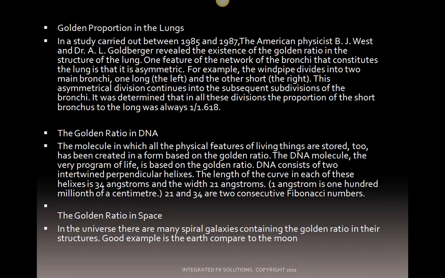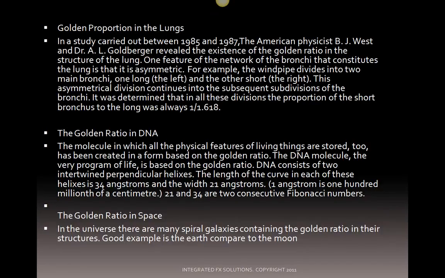The length of the curve in each of these helices is 34 angstroms, and the width is 21 angstroms. 1 angstrom is 100 millionth of a centimeter. That's how minute the DNA is. I'm sure it cannot be seen by the naked eye. It will only be seen under a very good magnifying glass.